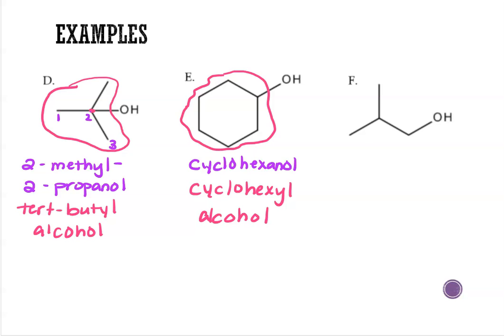All right, next up we have, let's see, 1, 2, 3. We always want to name the alcohol to be the lowest number here. I can't start up here because this would just be 1, 2, 3, and I don't want to do that. So again, I've got a methyl group on the second carbon, so this would be 2-methyl-1-propanol.